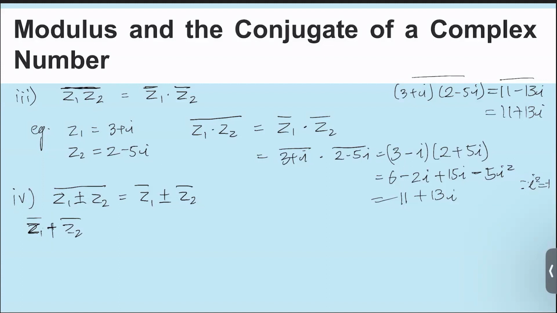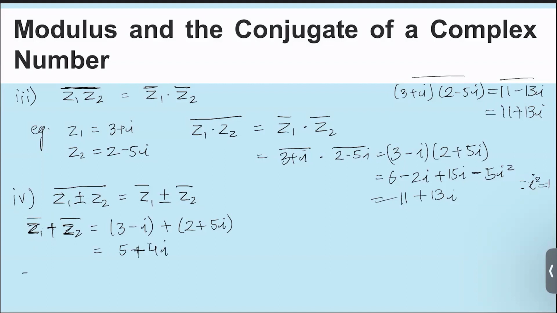The conjugate of z1 will be 3 minus i, summed with the conjugate of 2 minus 5i, that will be 2 plus 5i. So this will be 5 plus 4i. This is what we get when we do the individual.